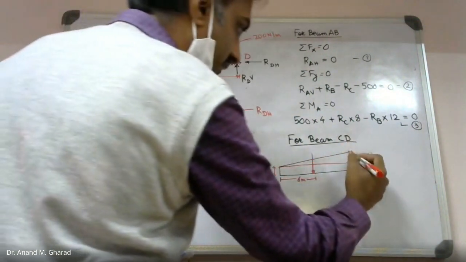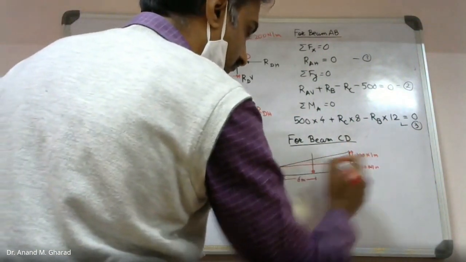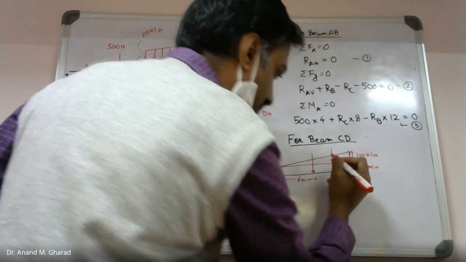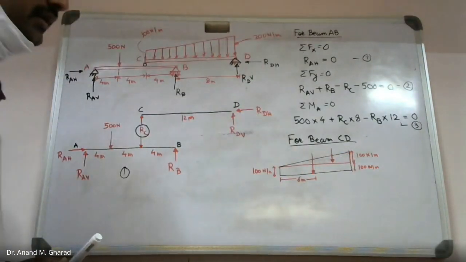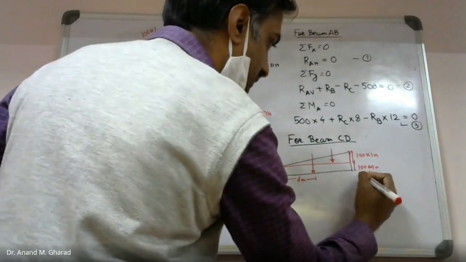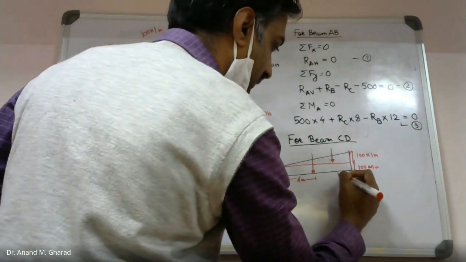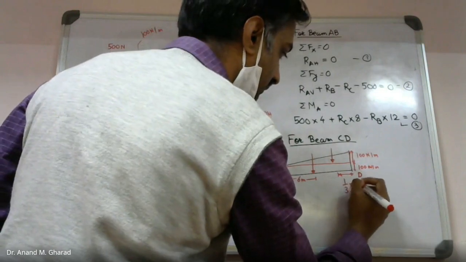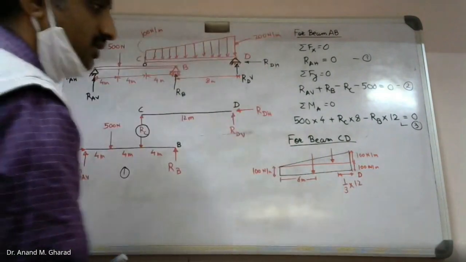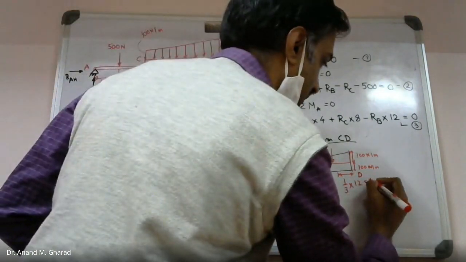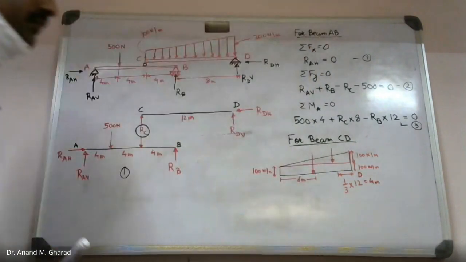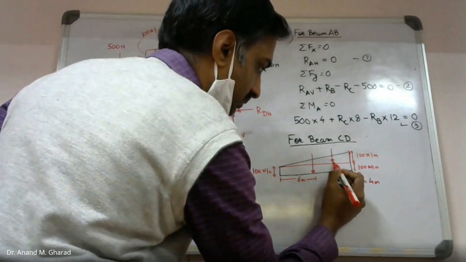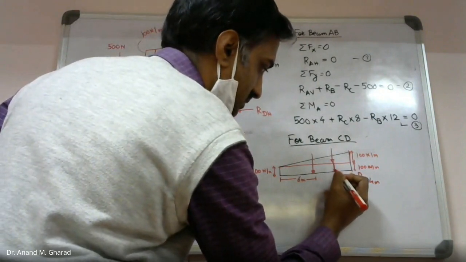Similarly, for this triangular portion, the load shall be acting somewhere here, and the distance from this point D, how much will it be? 1/3 of the distance, which is 4 meter. Am I right?